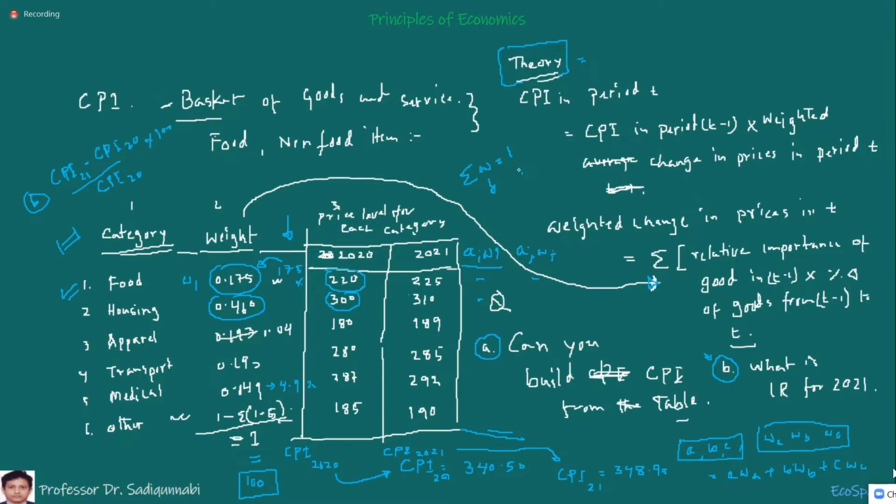Let's move to the last point of chapter number 1. This last point is 5.6, and 5.6 is the inflation unemployment trade-off.